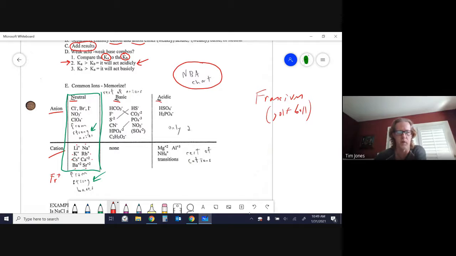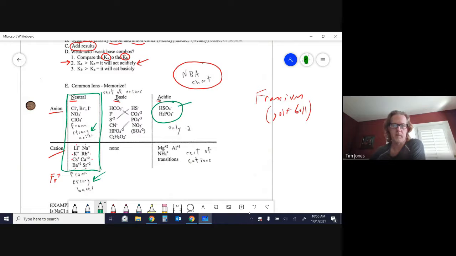All right, now let's go over to the acidic column. I'm going to skip the basic column for a moment. Here, there are only 2 acidic anions, and both of them come from polyprotic acids.